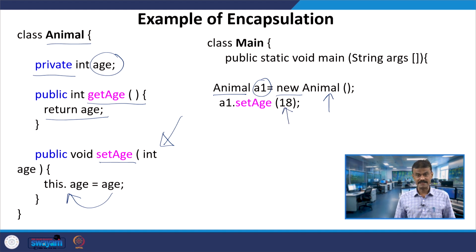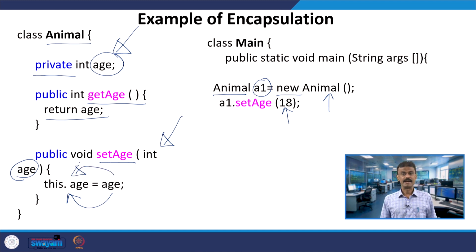When you pass 18, I can access age, which is a private data member. Age is assigned to this dot age, so the private member data age now gets the value 18 when the object invokes the set age method.